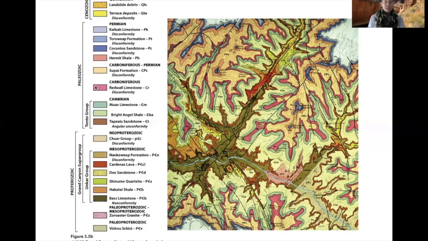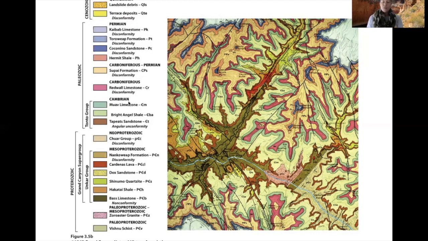In addition to the colors, each of the rock units has a symbol, letters that you might not recognize as being regularly used letters. These symbols are a combination of the rock unit and its geologic time. So for example, the Carboniferous is a geologic time, and so the Redwall Limestone, which is marked in pink, is indicated with a C and an R: C for Carboniferous and R for Redwall.